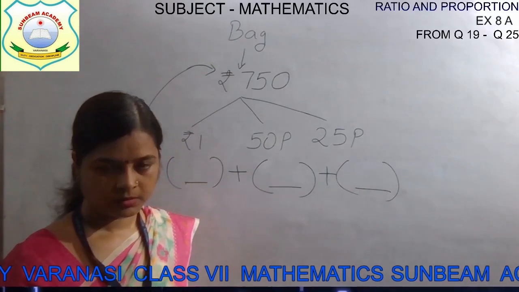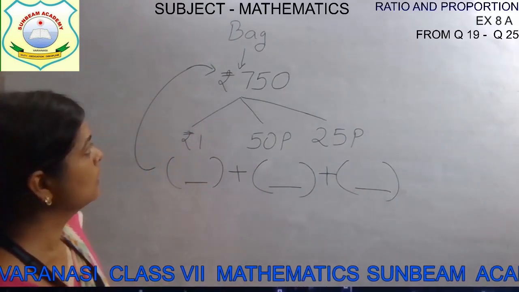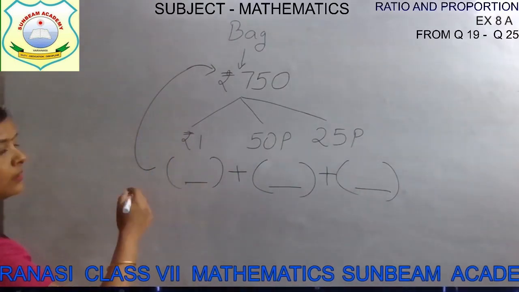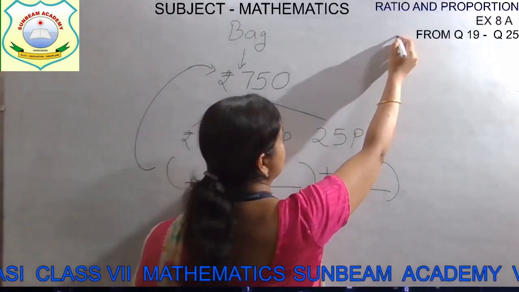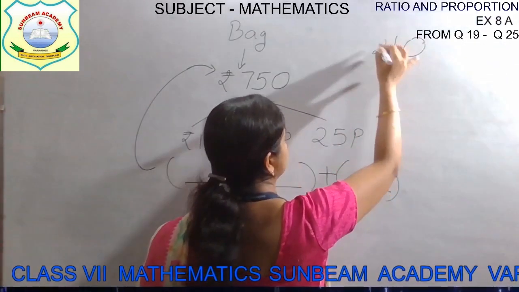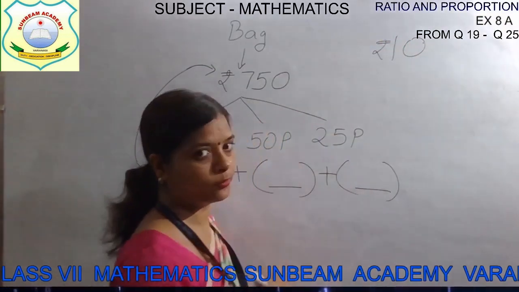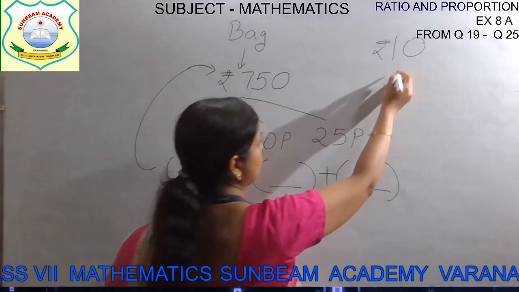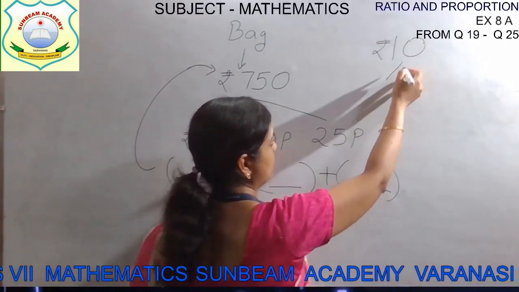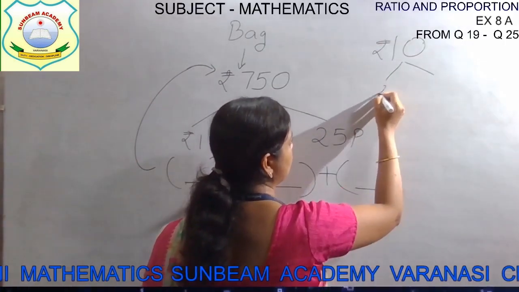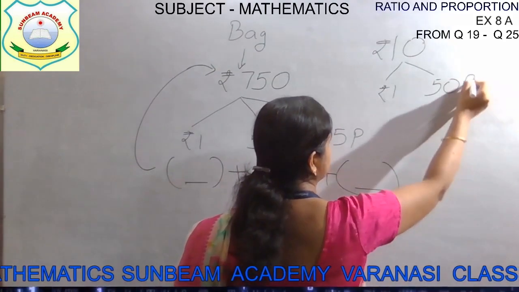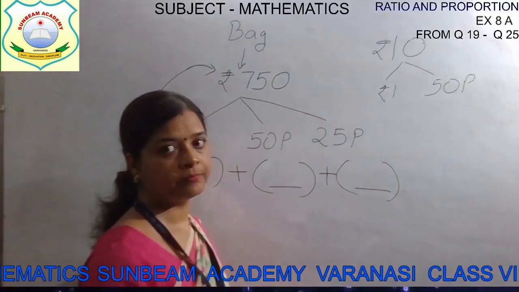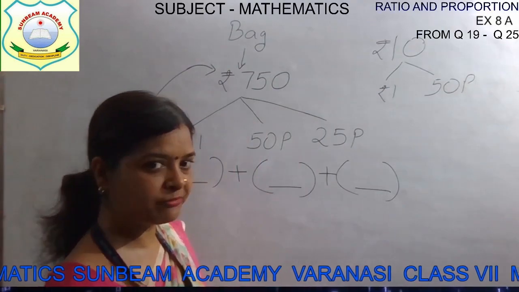Now suppose if your bag contains, I am drawing at that side, if your bag contains 10 rupees, imagine if your bag contains 10 rupees, and it is having some coins of 1 rupees and 50 paisa.